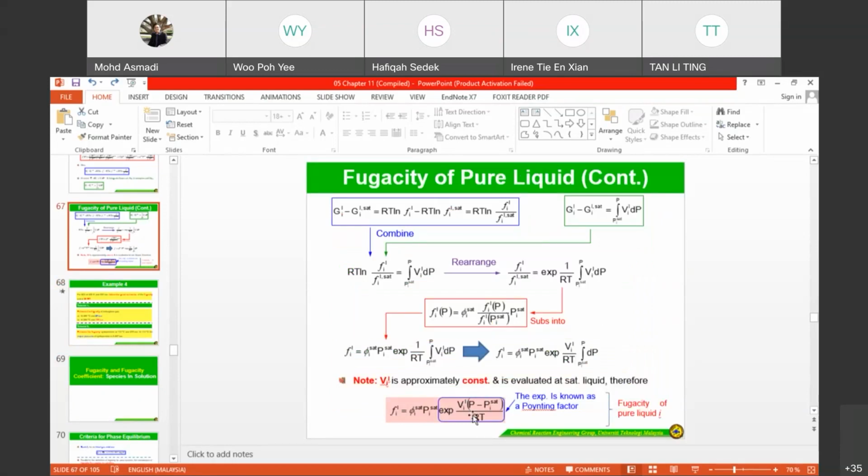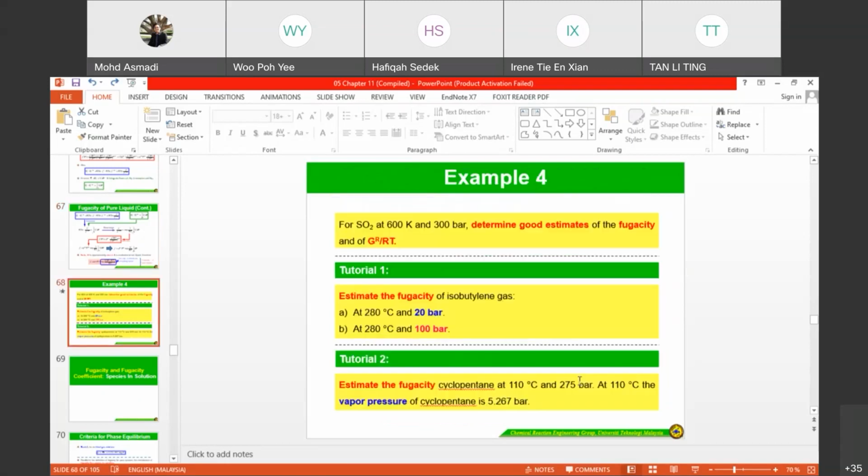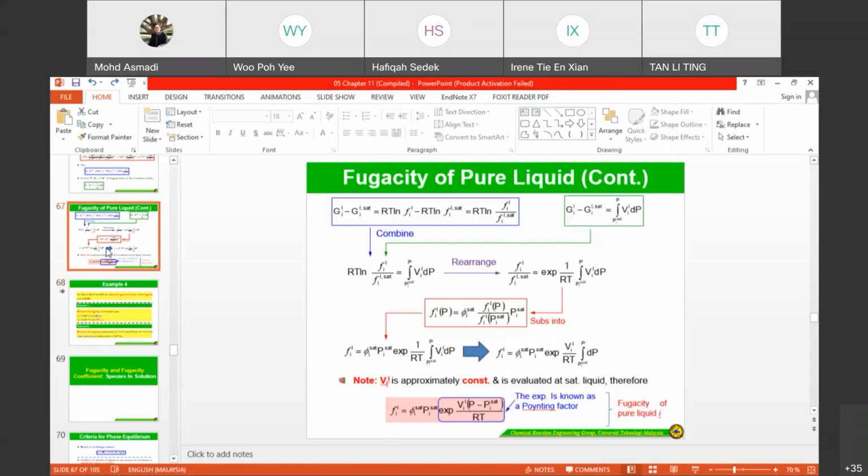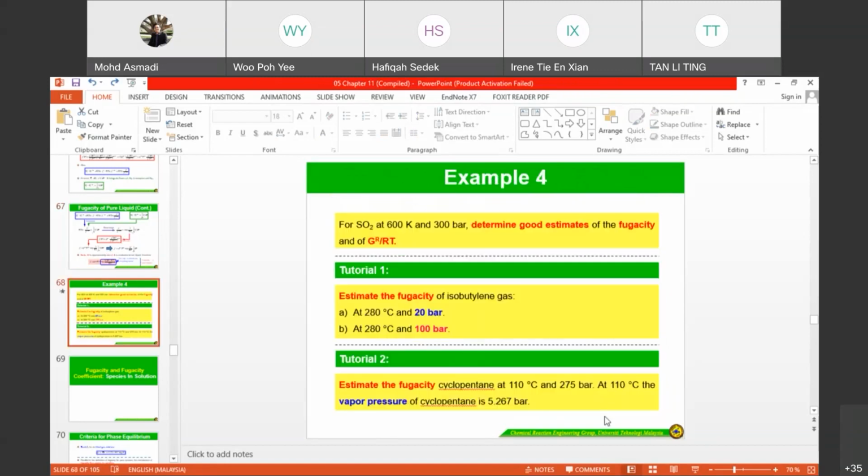For the saturated pressure, if you look at here, the pressure is 5267 bar, right? So you have to determine at that condition. Please do this one and I will ask in the next class.